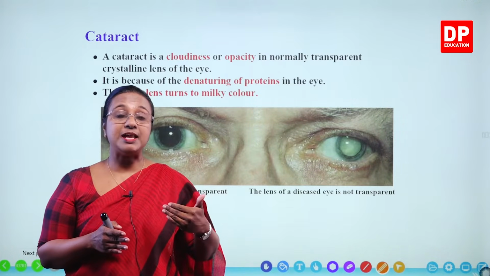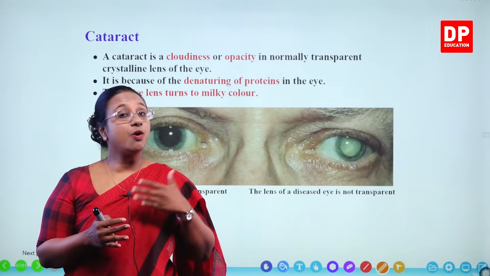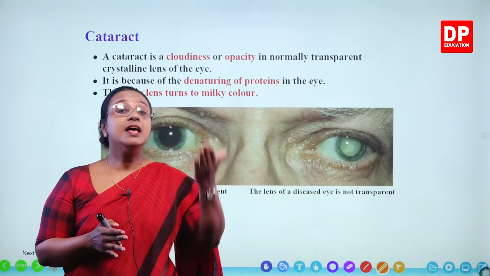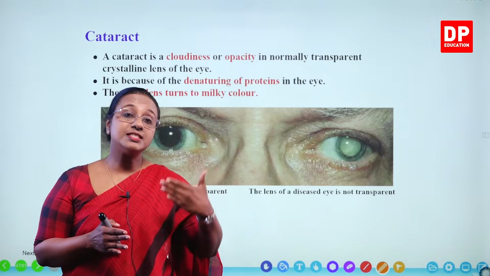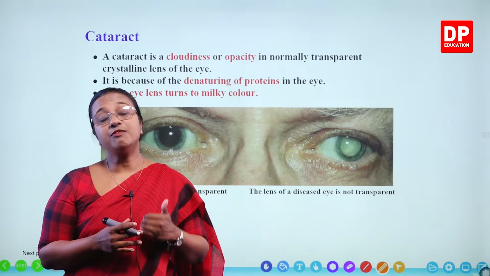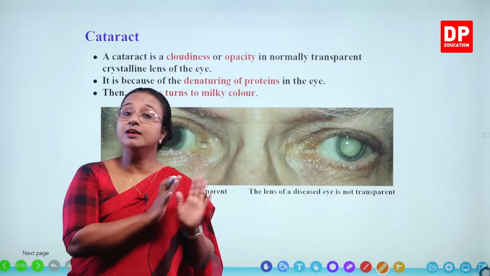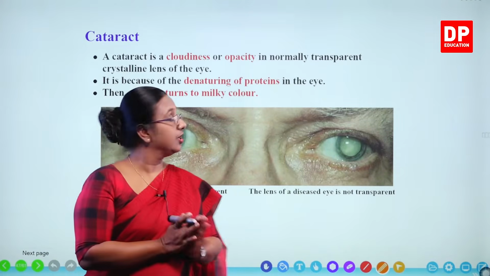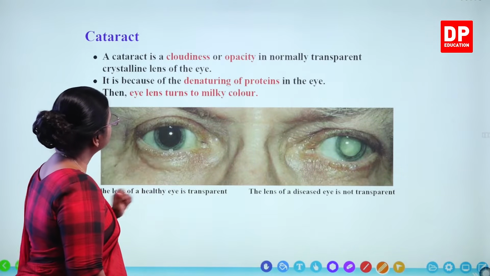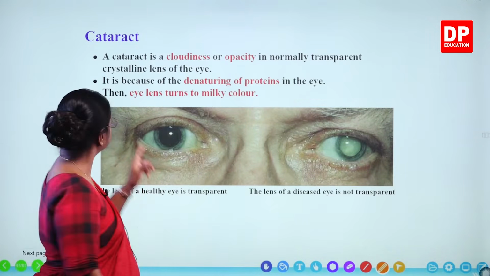It is a protein material, and due to certain reasons like aging or conditions like diabetes, this lens loses its transparency due to the denaturing of protein. So, it becomes whitish in color, similar to the egg white when it is fried. It is because of the denaturing of proteins in the eye.